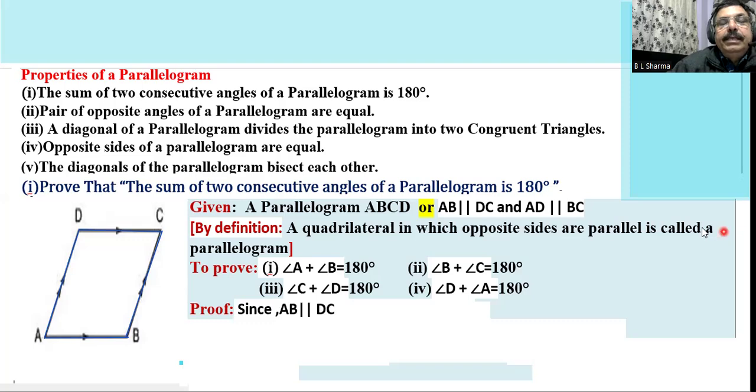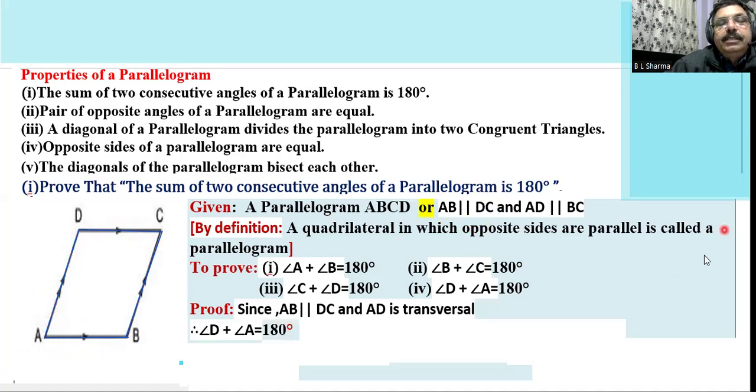Since AB is parallel to DC, देखिए ये और ये parallel है, because by definition opposite sides of a parallelogram are parallel, and this is transversal. AD is transversal, so angle D plus angle A, their sum will be 180 degree.